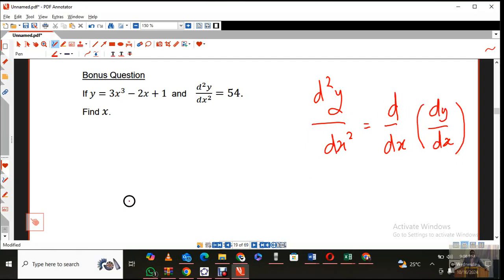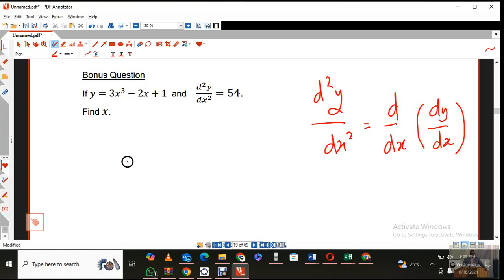That's basically what it is. And if it's d cube y over dx cube, or d3y over dx cube, it will be differentiate with respect to x d2y over dx squared, and so on and so on.